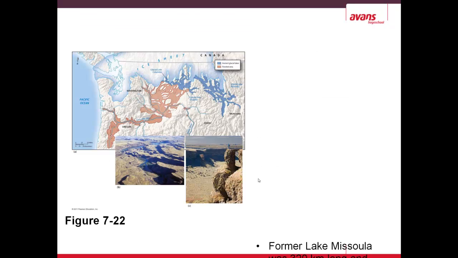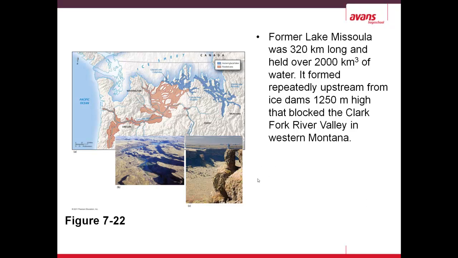Here is an example of a lake which was formed behind an ice block, an ice dam of 1,250 meters height. It blocked the Clark Fork River Valley in western Montana, making a lake that was 320 kilometers long and held over 2,000 kilometers of water.